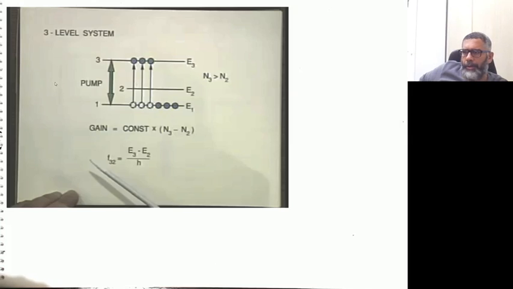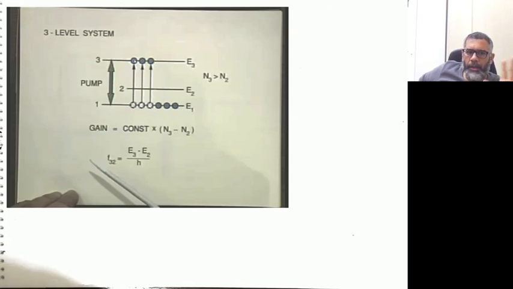If you send just enough energy to take the ground state electrons to the third energy level, that's what the system does. They will go up to the third energy level. They will not go to the second level. If they have enough energy to reach 3, they go there directly. And you might think that maybe they go first to 2 and then to 3, but this never happens.